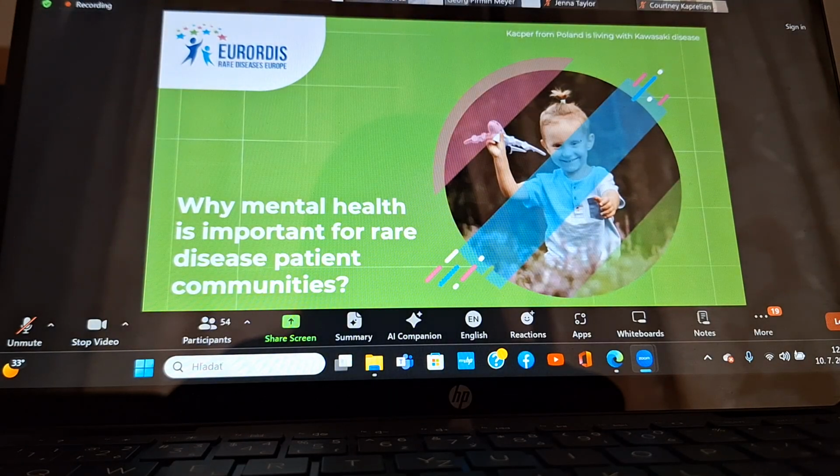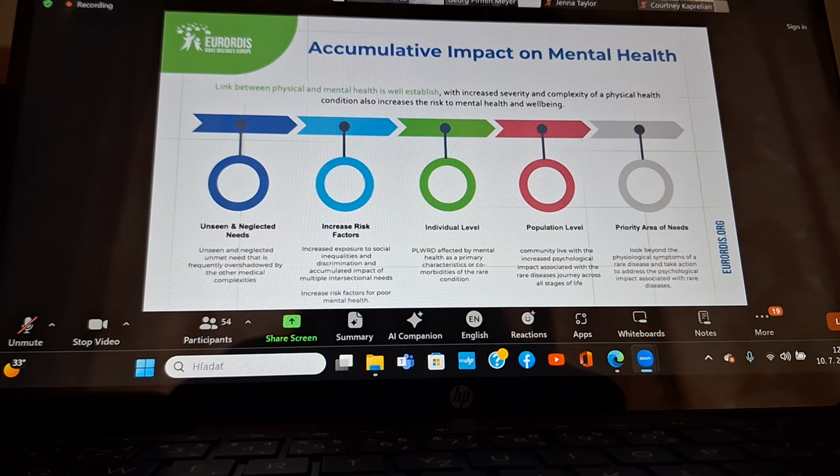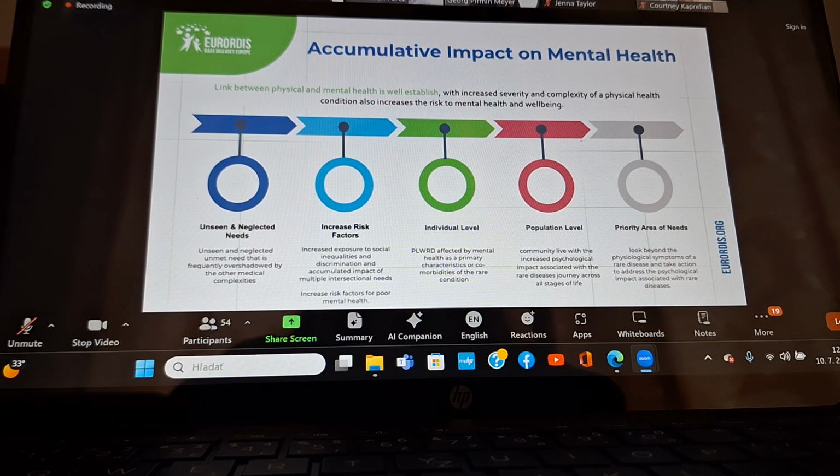So why is mental health so important to our community? I mentioned before that for a long time now, mental health has been an unseen and neglected need. I always think about rare conditions, our community, that we live in one of two worlds. We're either on a day-to-day basis firefighting, crisis managing, dealing with an emergency, or we're alone.